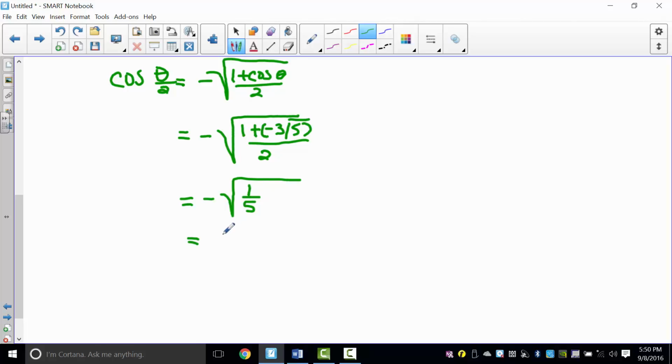The square root of 1 is 1. You cannot break down radical 5, but that is not the answer because you must rationalize your denominator. So the cosine of theta over 2 is negative 1 radical 5 over 5.